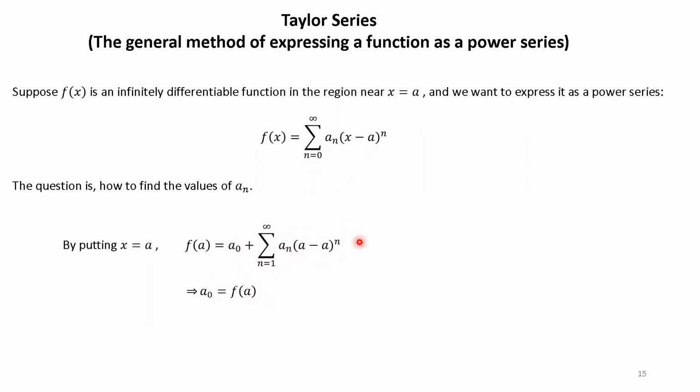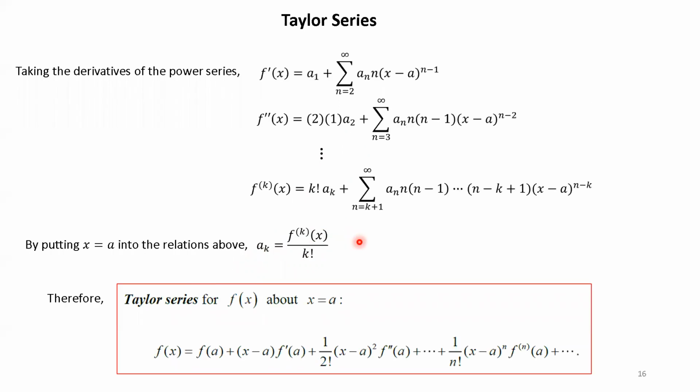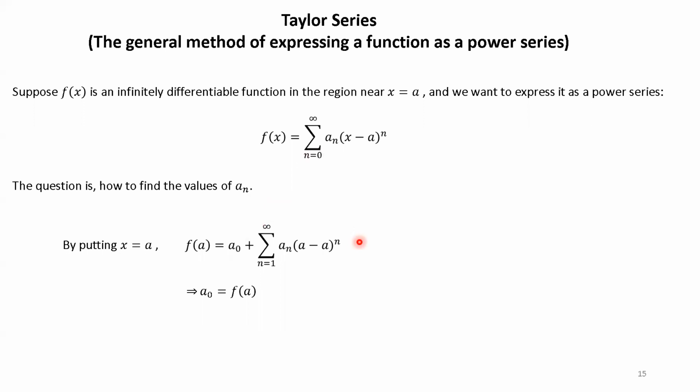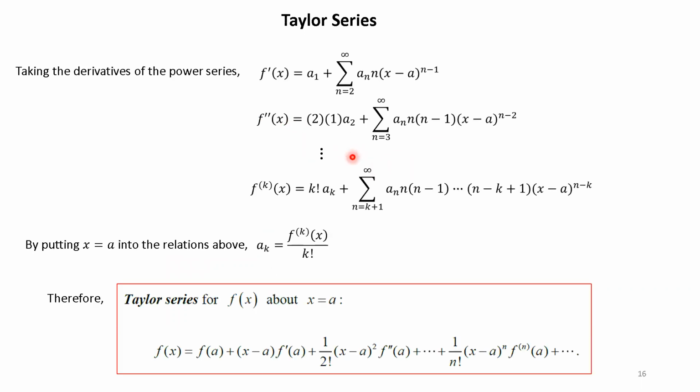So what about the next one, and then the one after that, and so on. The trick is to actually take derivatives of this function f of x. If we take the first order derivative of the function, then the series becomes a1 plus the sum of the terms over here.